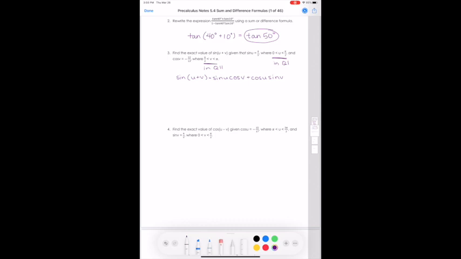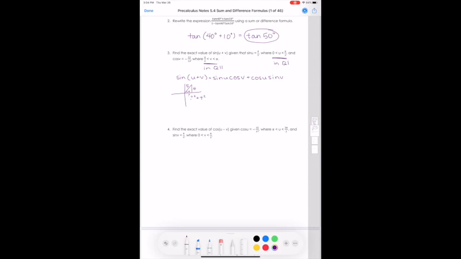Alrighty, I'm starting off with the triangle that is in quadrant 1. And I know that sine of that angle is 4 over 5. So that means the opposite over hypotenuse, because sine is opposite over hypotenuse, is 4 over 5. But I really will need to know the cosine of u. That's the one I'm missing.